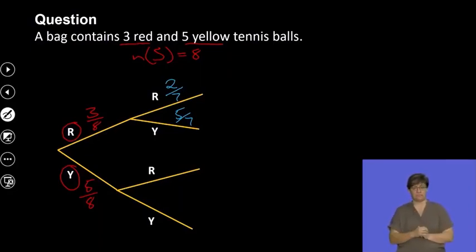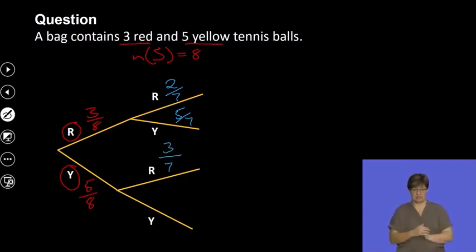What about if we chose the yellow ball to start with? So I've chosen a yellow ball that's on this stem, and I now choose a red ball. Well, that means that I have 7 balls in the sample space, and I didn't choose a red ball to start with.